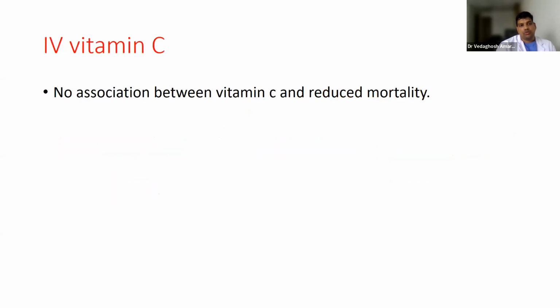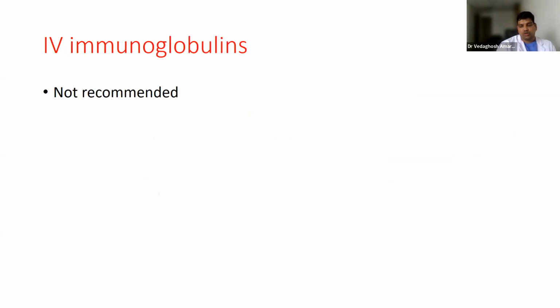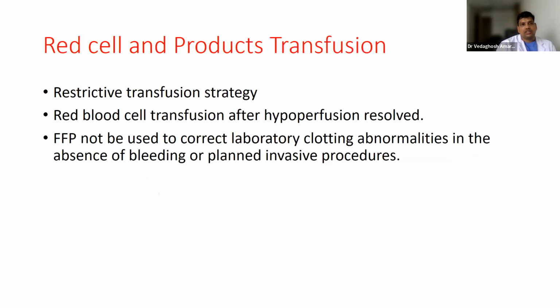There is no association between vitamin C and reduced mortality. The recent papers have clearly shown that IV immunoglobulins are not recommended. For red cell and product transfusion, they say to use a restrictive transfusion strategy, with red blood cell transfusion after hypoperfusion has resolved, and to maintain hemoglobin above 7 grams per deciliter.